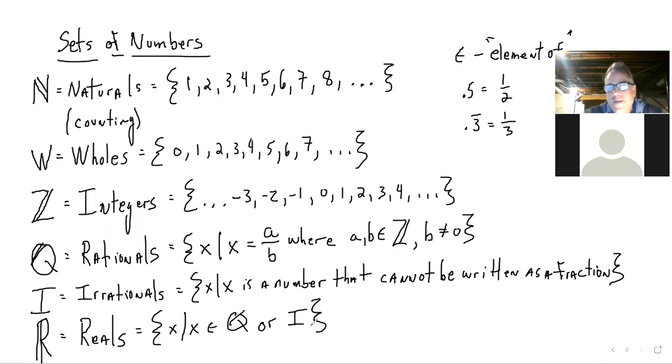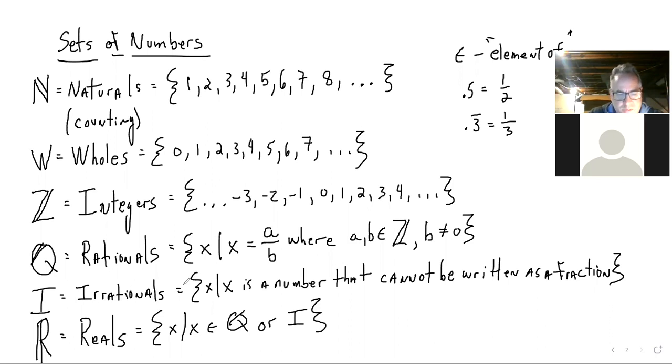These two sets have nothing in common. These are all the numbers that can be written as a fraction. These are all the numbers that cannot be written as a fraction. Basically, we throw them together in one big hat, and that's the set of reals.